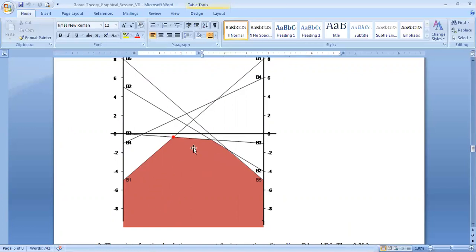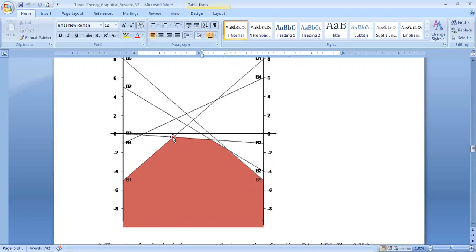In that minimum area, we have to search for the point located at the maximum. Among these corners, this is the maximum corner, so this point is called the maximin point. It has to be denoted by an arrow and annotated as maximin.